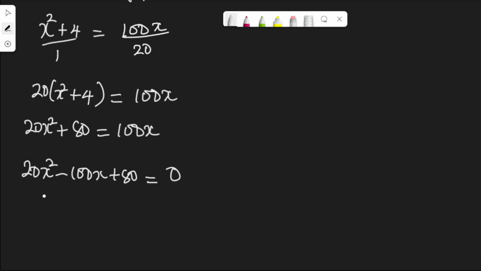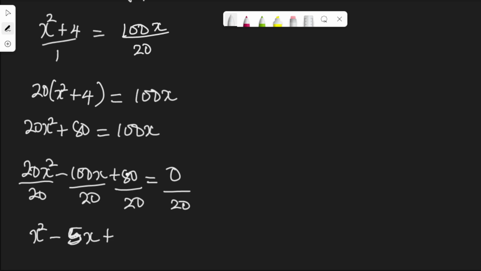To make our work easier, since each number here is a multiple of 20, let me divide through by 20. So that I will have x squared minus 100 divided by 20, which is 5, x plus 80 divided by 20, which is 4, equal to 0.